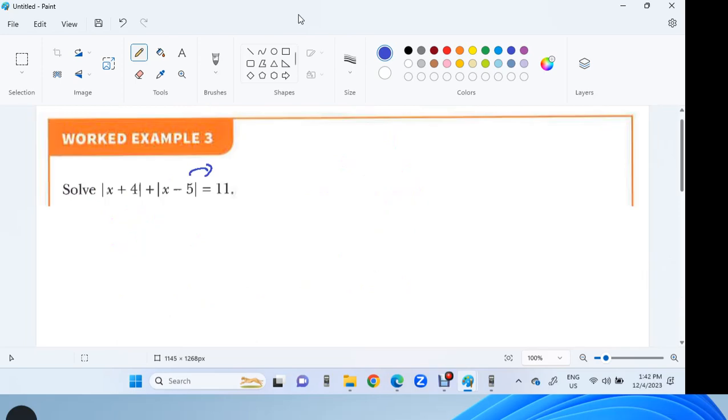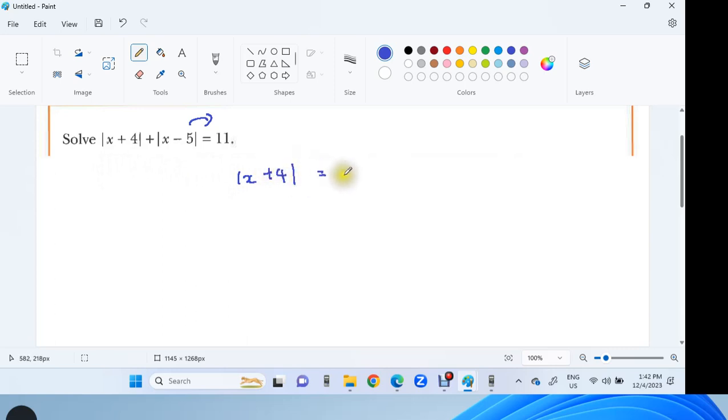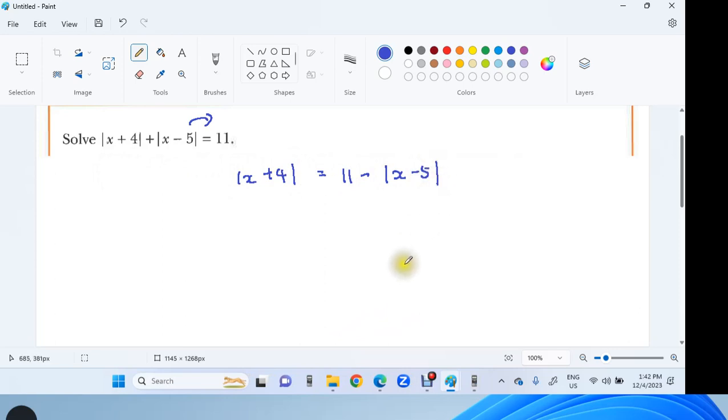So for example number 3, we want to solve it. We have modulus x plus 4 equal to 11 minus modulus x minus 5. So we square both sides.